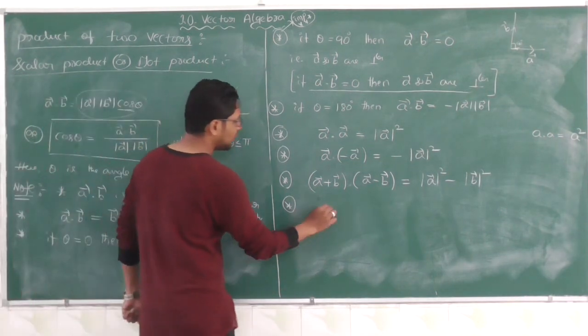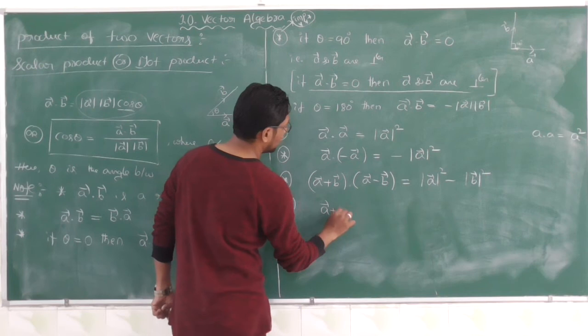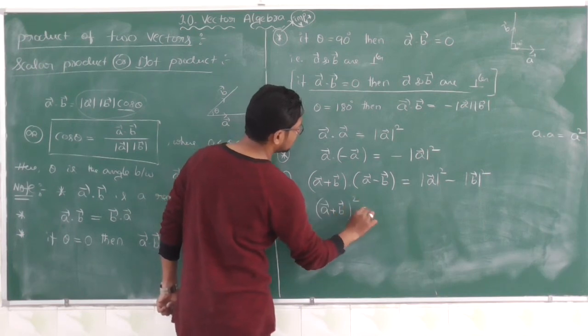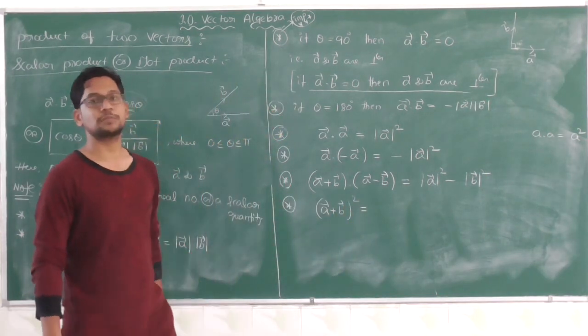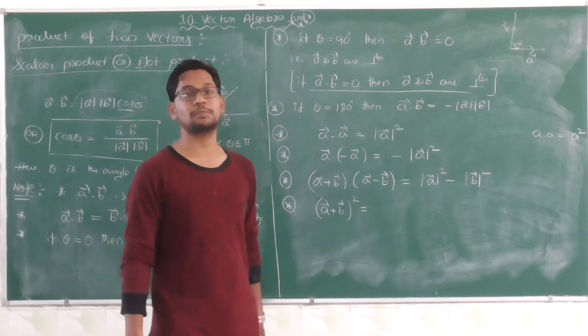Next one. A vector plus B vector whole square is what? The A plus B whole square formula is A square plus B square plus 2AB.